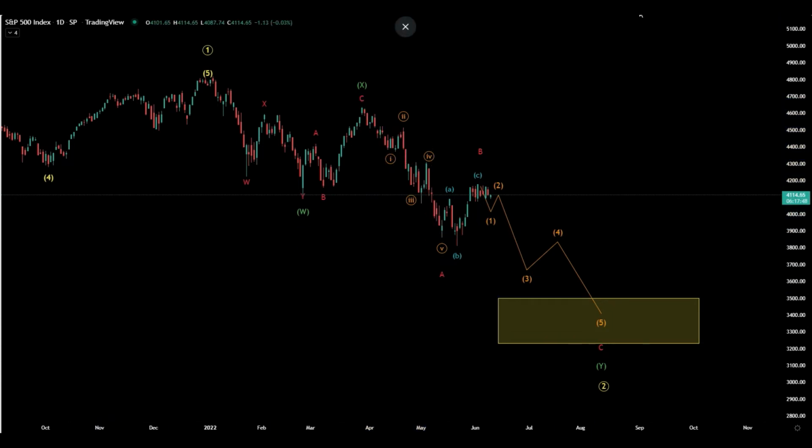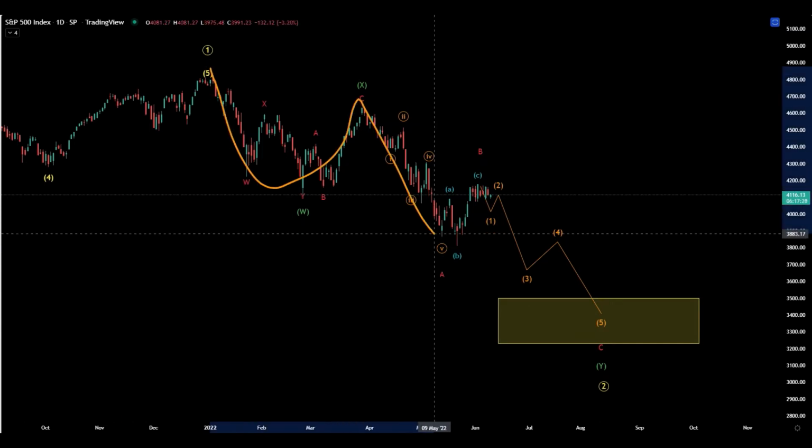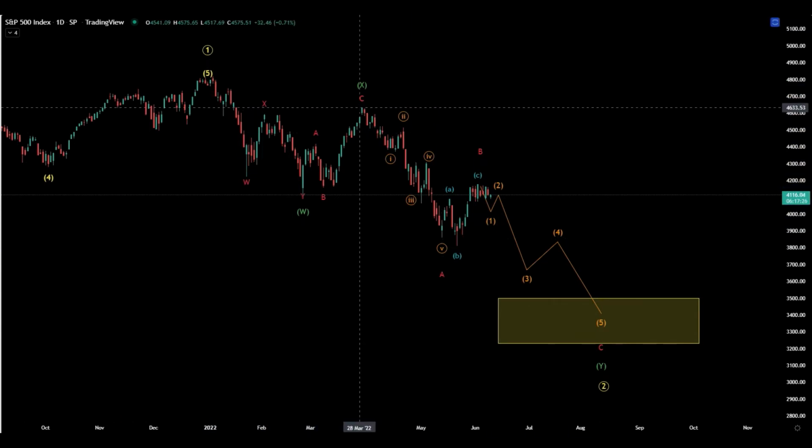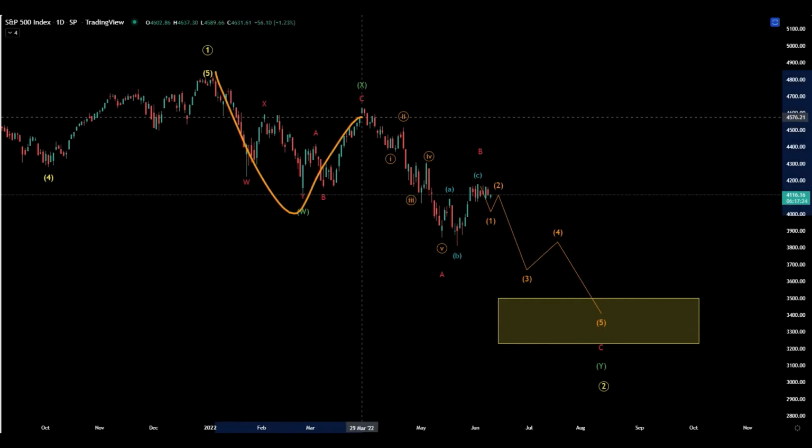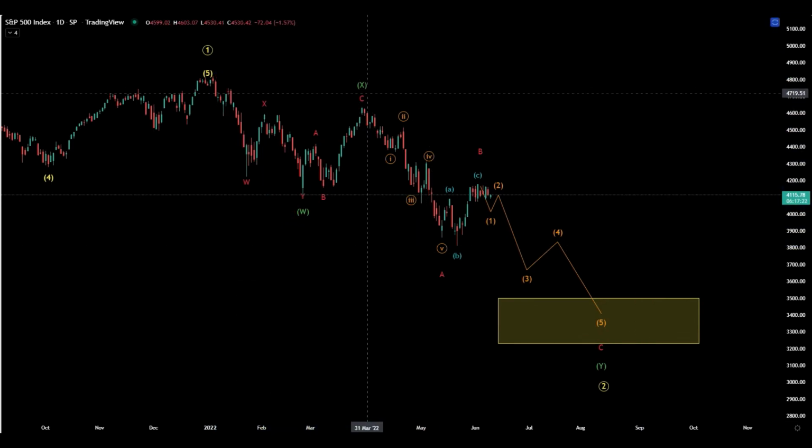That's the problem here, because a 5 has to be the beginning of something, or it has to be the ending of something, and it can't be the middle of something. So you have to ask yourself the question: is this the beginning of something new, or is this the end of this?